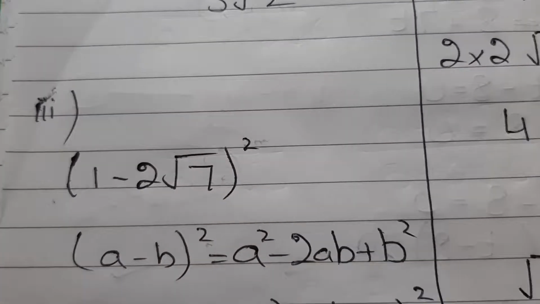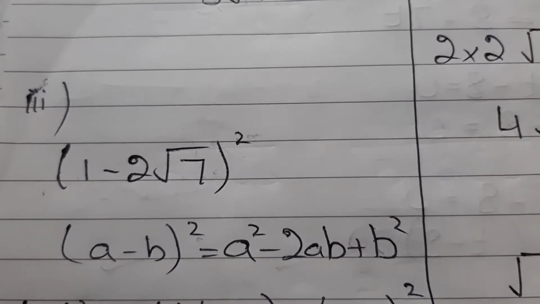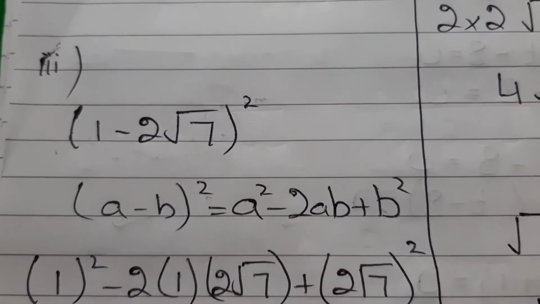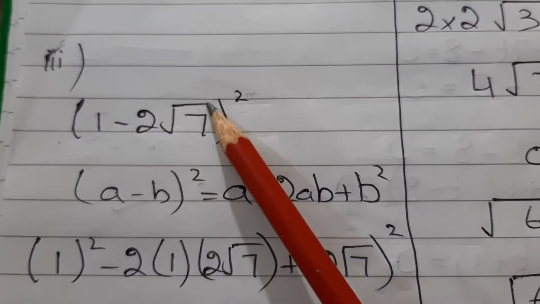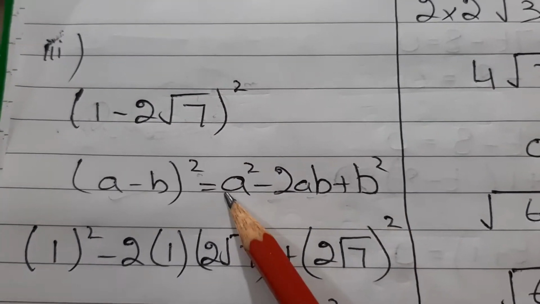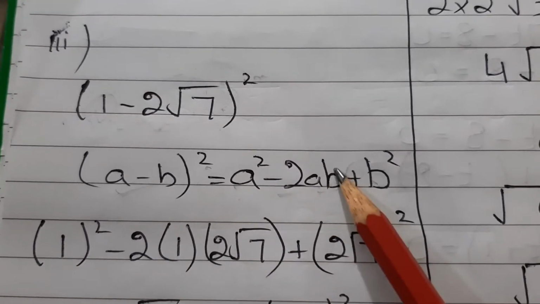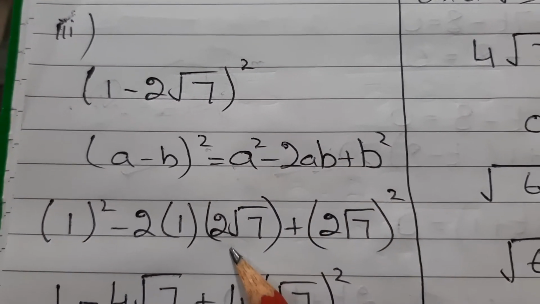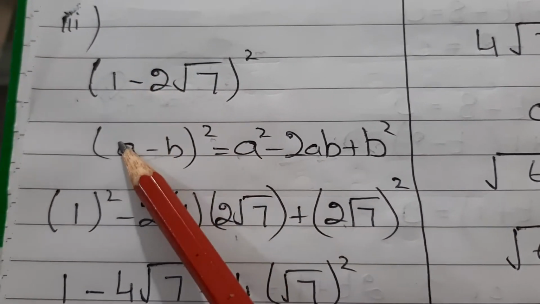So we will apply this algebraic identity here to expand it. I will take this as a and this whole term as b. So I'm just substituting the values here. My a is 1, you can notice, and b is 2 root 7.